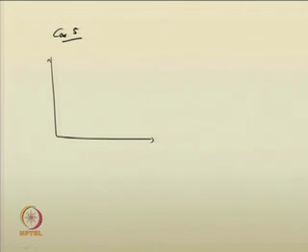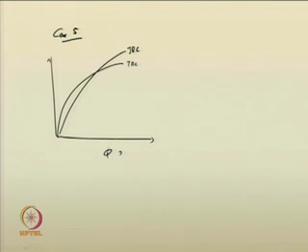Next case is where the jump discharge curve is like this and your tail water discharge rating curve is in the following form. So, y2 and y2 dash.